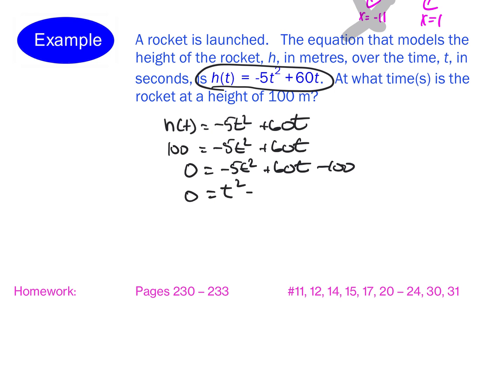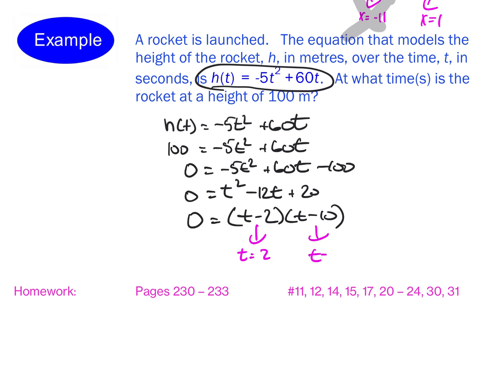So t squared minus 12t plus 20. And now we're looking for two numbers that multiply to 20 and add to negative 12. So we're going to get 2 and 10. So we're going to get t equals 2 and t equals 10.